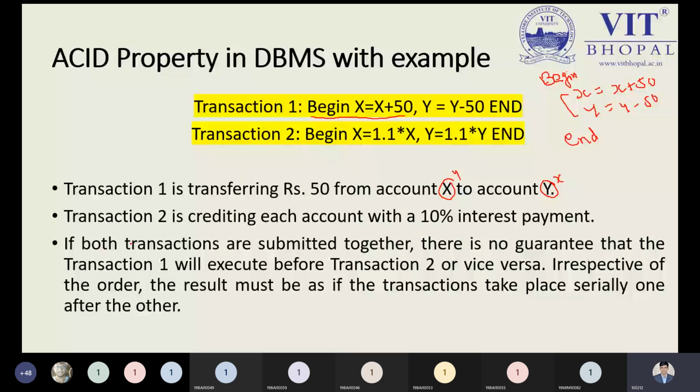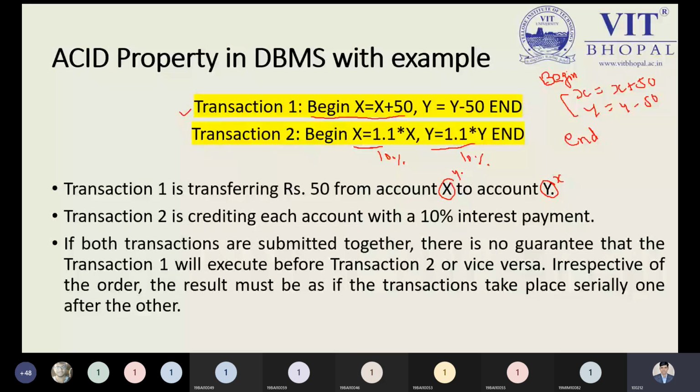Now transaction 2 is saying that account X is to be updated by a 10% increment, based on the value X contains, as interest. The same thing happens with the Y account. Both accounts X and Y are credited with 10% interest.